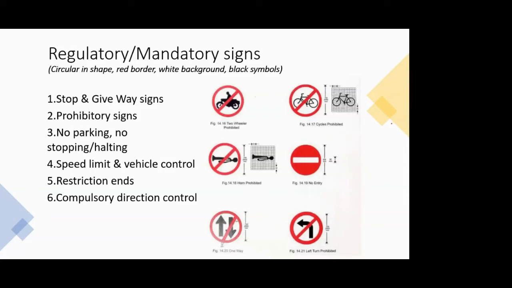In India, they have come up with a very good, straightforward way of classification: regulatory or mandatory signs will always be circular in shape, always. They will always have a red border with a white background, and whatever is written inside will be in black color.